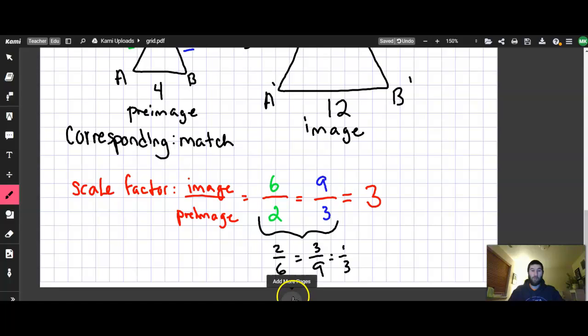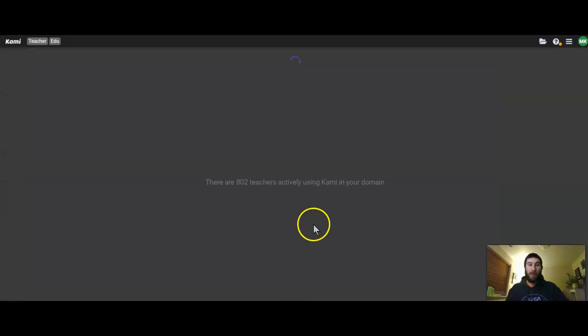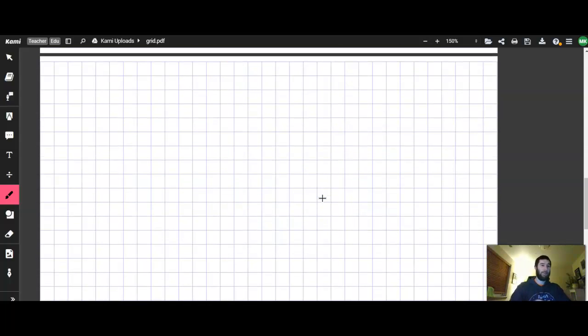So let's take a look at one more example here, and then I'll end the video and pick up in a second video some more examples of finding missing sides using scale factors. And so, one more example here. In this example, we'll continue talking about scale factors.